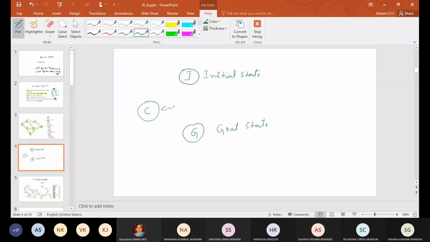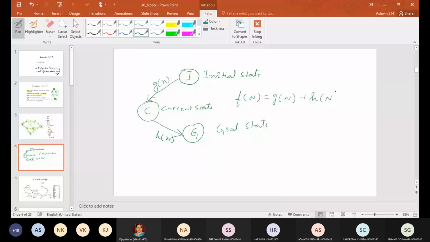Directly from the initial state to the goal state is not possible. So you start from the initial state, go to the current state, and from there you go to the goal state. So this is g of n, and this is h of n. The total value is the evaluation function, that is f of n is equal to g of n plus h of n.